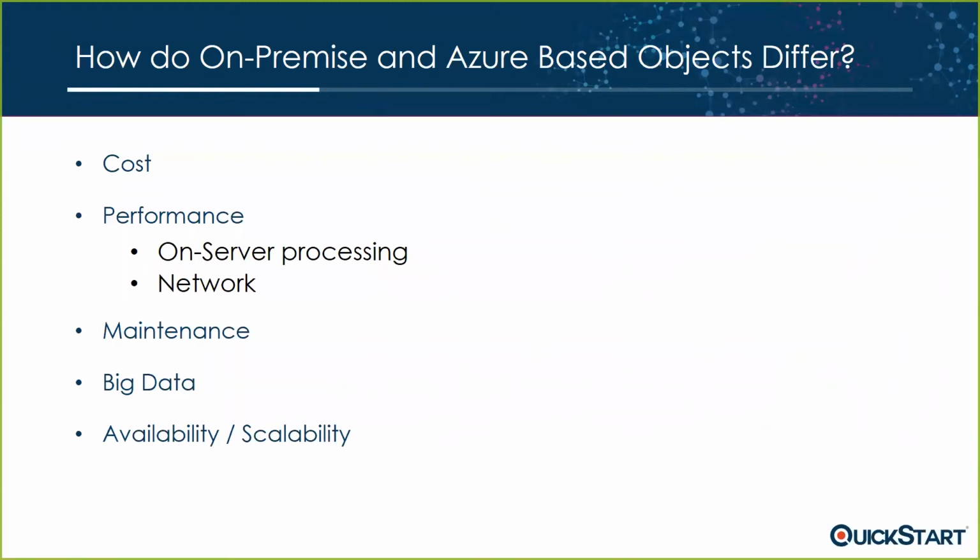Cloud-based computing, whether it's Azure or Amazon or whatever it is, is cheaper than on-premise. Every study I've ever read makes that not even a debatable point, it's clear.